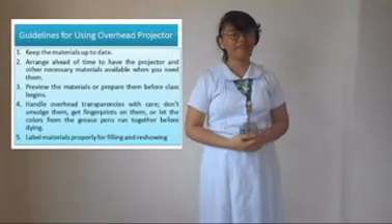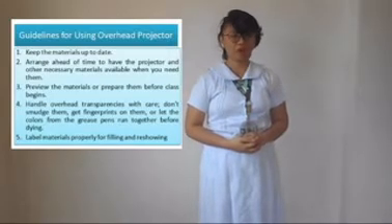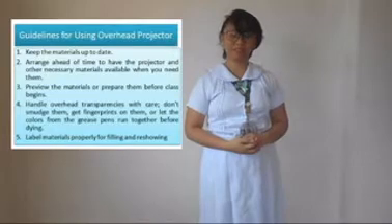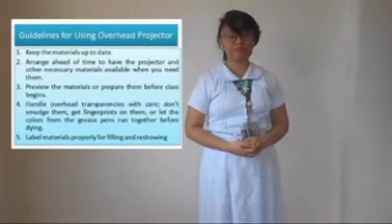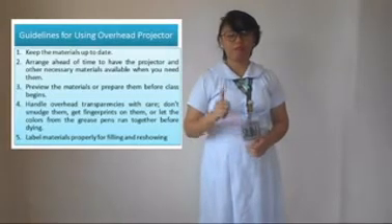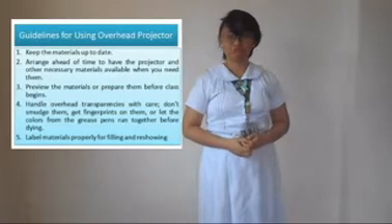Number 4. Handle overhead transparencies with care. Don't smudge them, get fingerprints on them, or let the colors from the grease pens run together before drying. Number 5. Label materials properly for filing and reshowing.